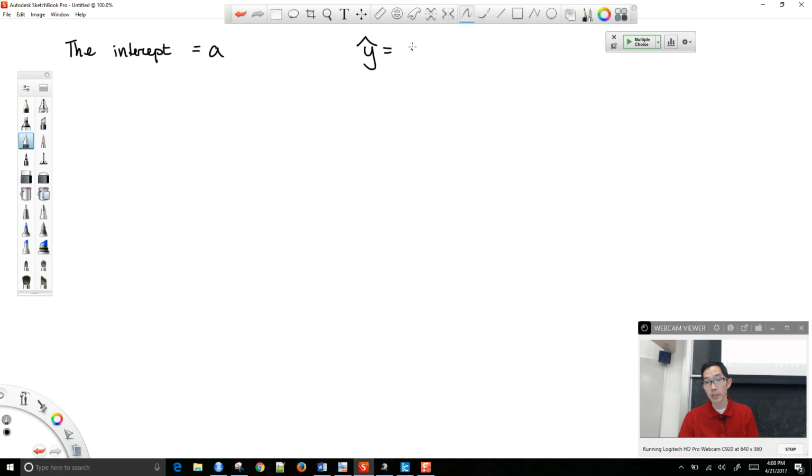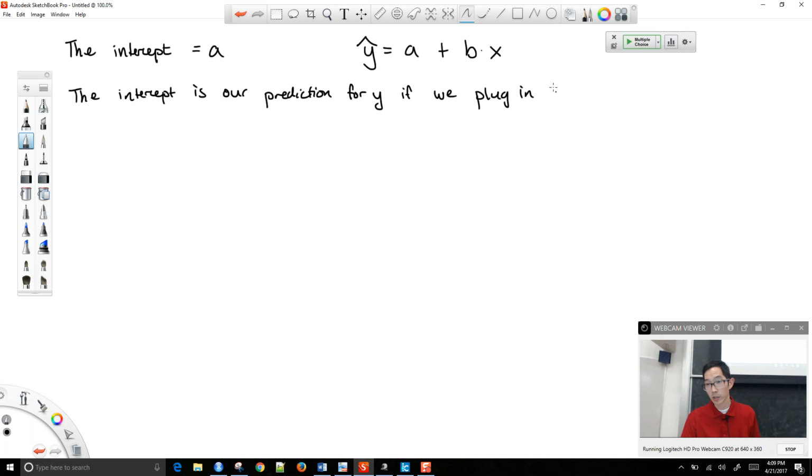We have y hat is equal to A plus B times x. The intercept is A, and that value A is our prediction for y if we plug in 0 for x.